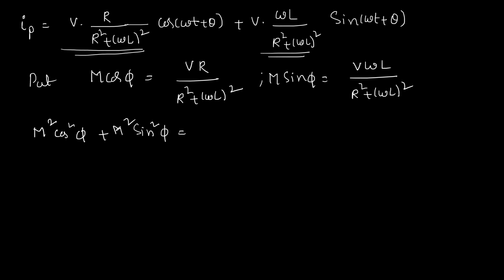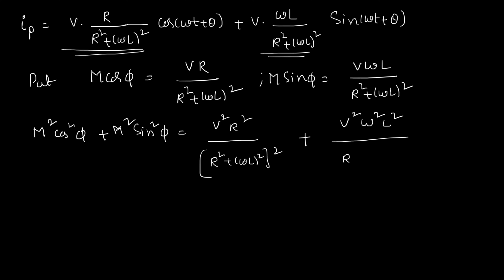This is V square R square by R square plus omega L whole square, the first equation squared, plus the second equation, V square omega square L square by R square plus omega L whole square.